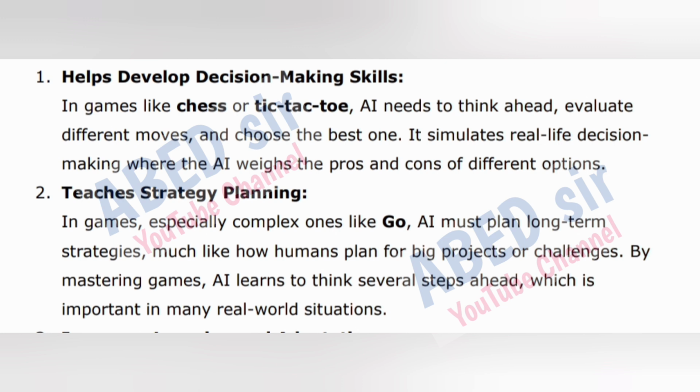Teaches strategy planning. In games, especially complex ones like Go, AI must plan long-term strategies, much like how humans plan for big projects or challenges. By mastering games, AI learns to think several steps ahead, which is important in many real-world situations.